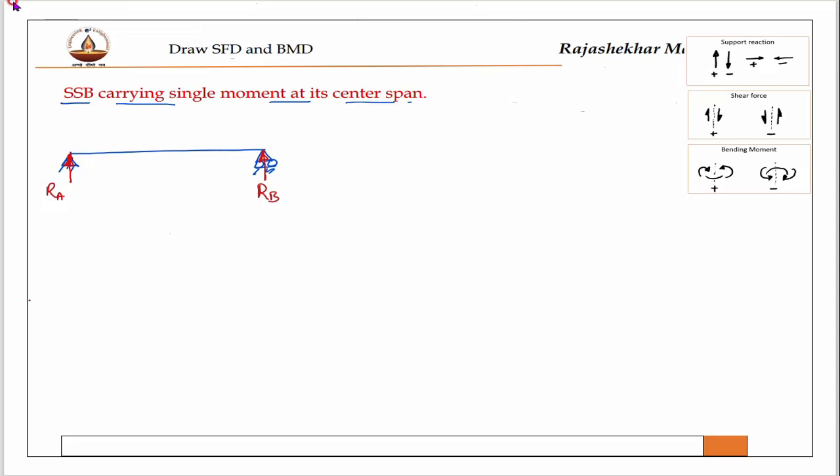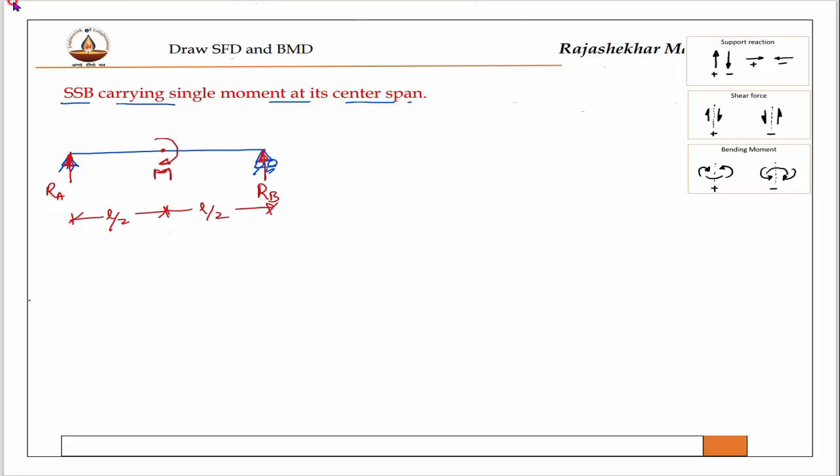Now, the moment is at its center, they said. Therefore, this is the center point where the moment is applied. This is M. This M is a moment. Now the distance on this side is L by 2 and this distance is also L by 2. The first thing is that I have to determine the support reactions.